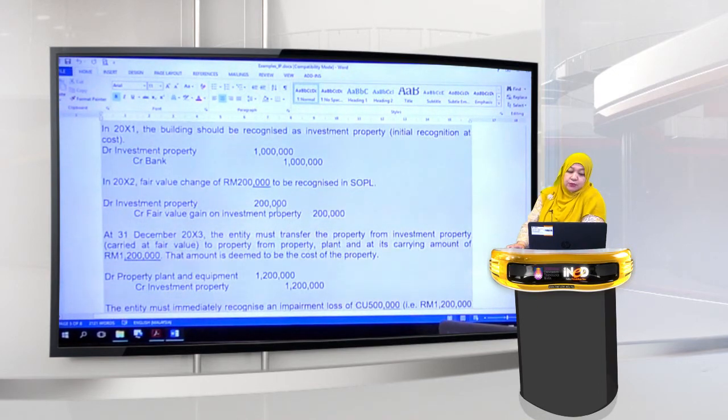So the difference between 1 million and 1.2 million, which is 200,000, will be recognized in the statement of profit and loss as a fair value gain on investment property, 200,000. So the double entry would be debit investment property, credit fair value gain on investment property, 200,000.